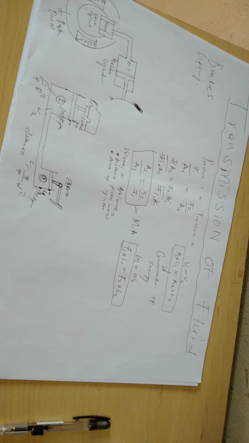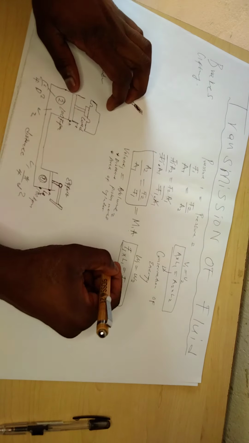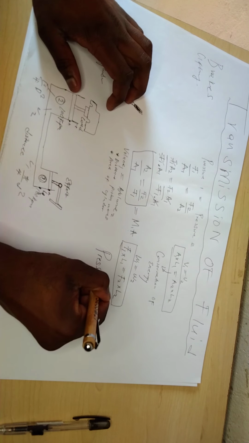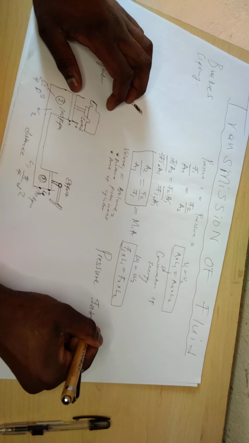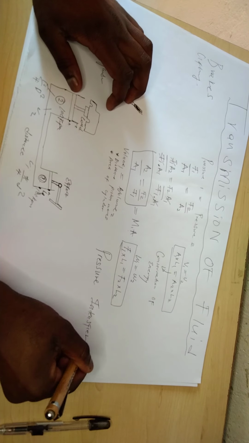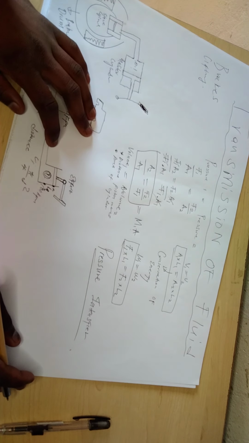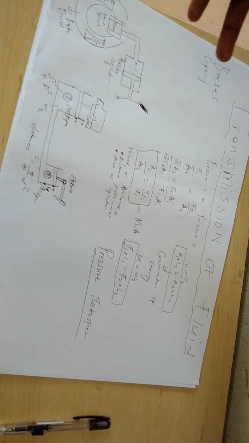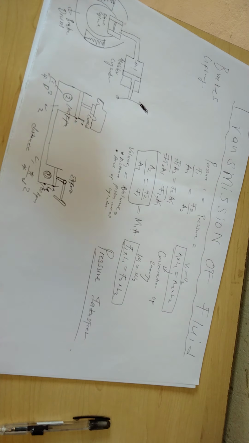Let me make a drawing to explain my pressure intensifier. I said it's a device that goes from a large to a small area. It means it's a reducer. When we continue with the study of fluid, we will see sudden enlargement and sudden contraction.